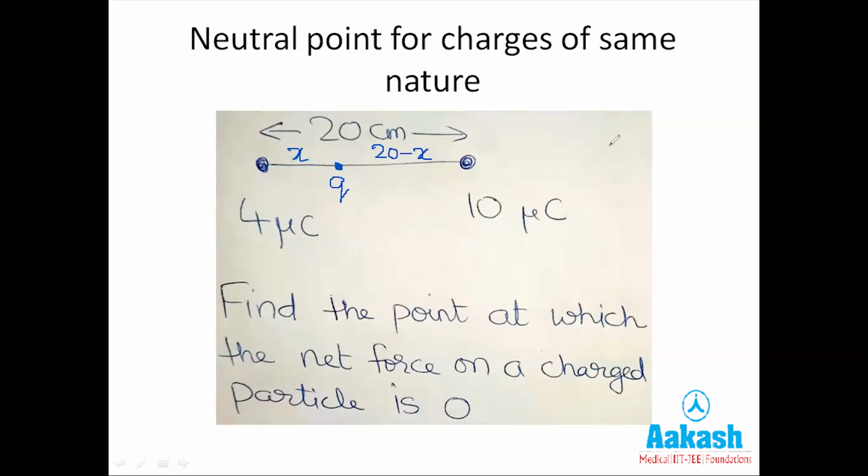So here I have drawn this Q, and which is at a distance x from 4 microcoulomb and 20 minus x from 10 microcoulomb. Now due to this 4 microcoulomb, the force will be in this direction, and due to this 10 microcoulomb, the force will be in this direction. So we have to simply equate these two forces, and by equating them we can get the position of the neutral point.